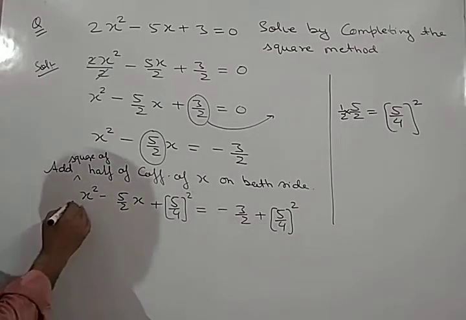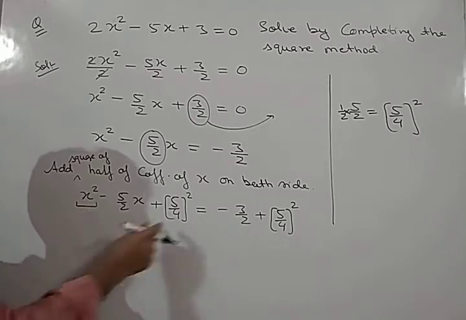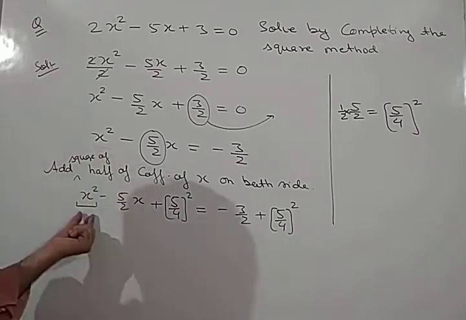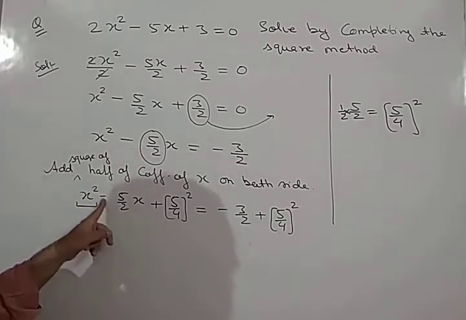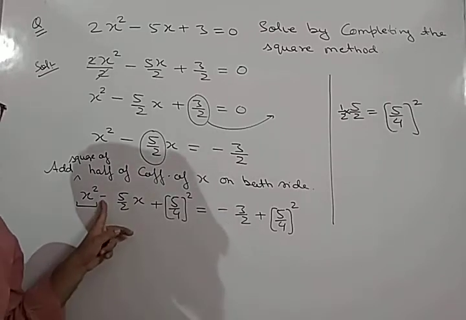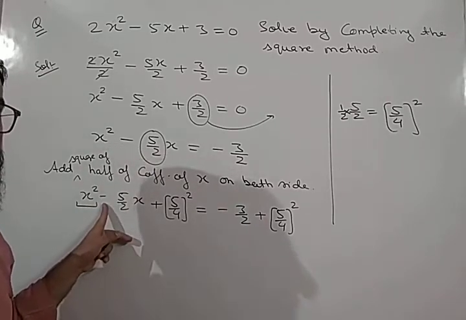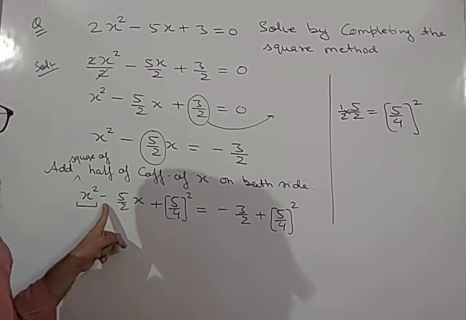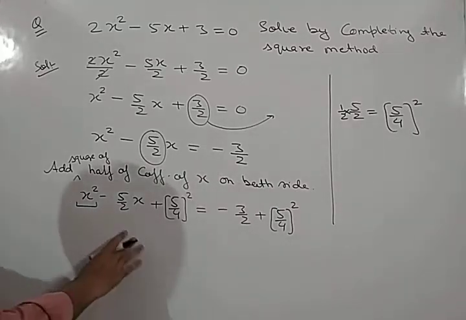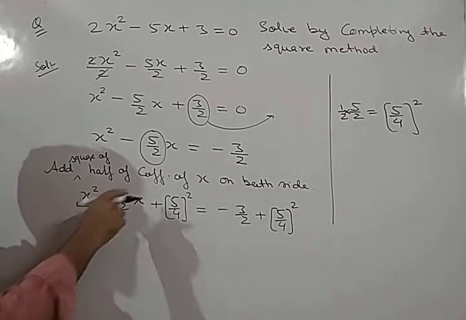Okay, now we can consider x as a and this term as b. So it is written a square plus b square and there is a minus sign. It means it will form the identity of a square plus b square minus 2ab. Okay, so first convert it in terms of 2ab.